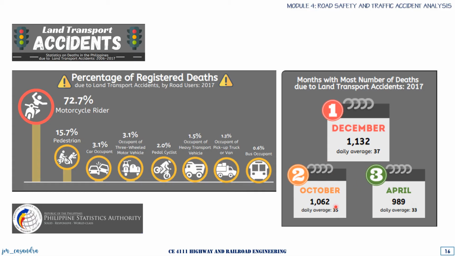And then for October, this would also be reasonable since at the end of October, people would be traveling again to their provinces to visit their loved ones for the Undas or All Souls Day and All Saints Day. Okay? Then April usually vacation na nung mga bata. So summer time, so more travels. So there's a higher possibility of accidents.